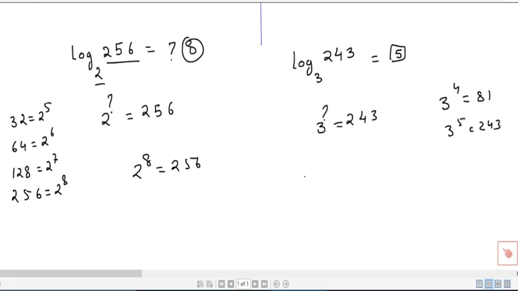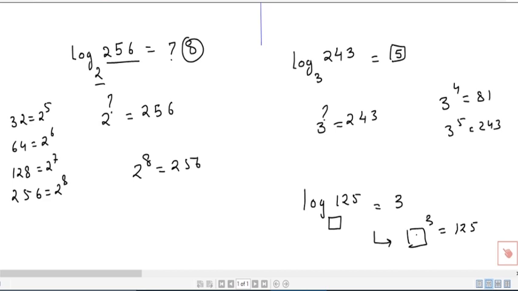Okay, let me ask you another question. Log of 125 at some base is equal to 3. Now what does it mean? Now I am interested in knowing the base. So I can write the question as base to the power 3 is equal to 125.